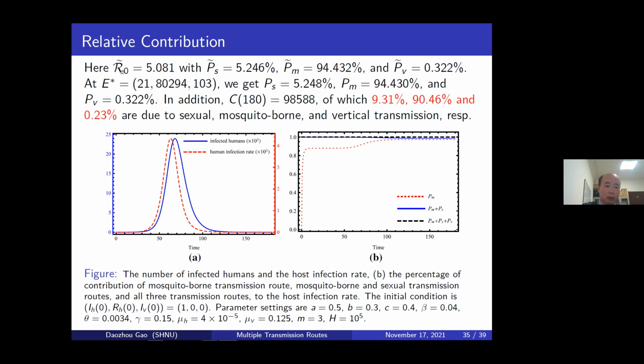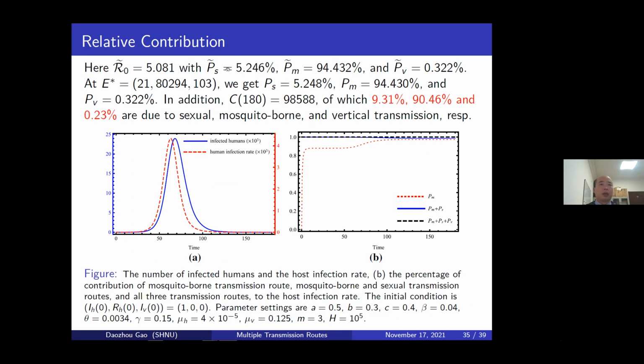So now R naught, and also the endemic equilibrium, and then we calculate the relative contribution of each transmission route to R0 and to the host infections. And you can see that these two values are very close.